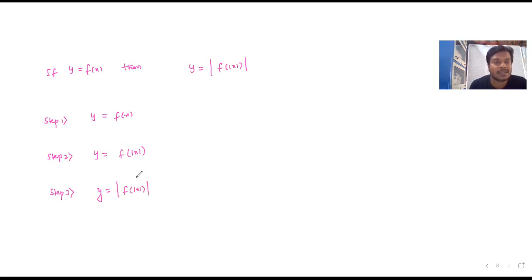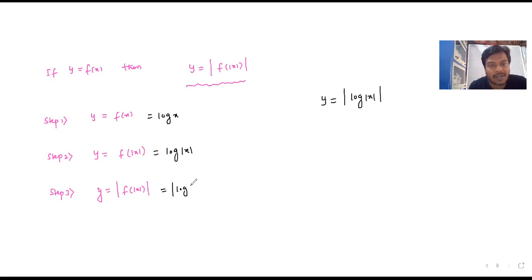These are the 3 steps involved in this transformation. For example, the question is: draw the graph of y equal to modulus of log of mod x. First we have to draw the graph of log x, in the second step we draw the log mod x graph, and then go for modulus of log of mod x. Yes, three steps are involved in this.